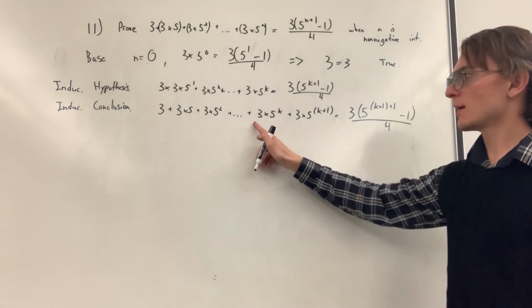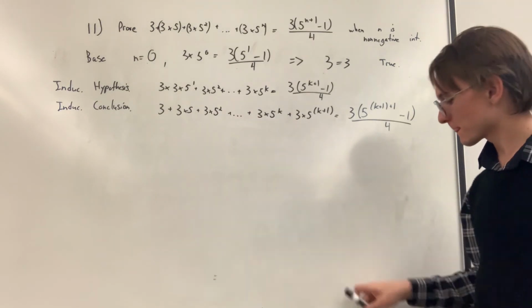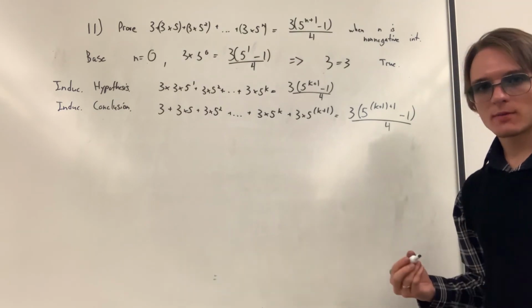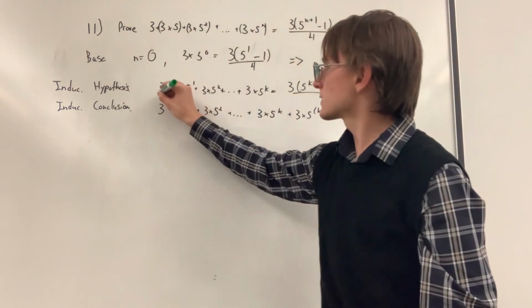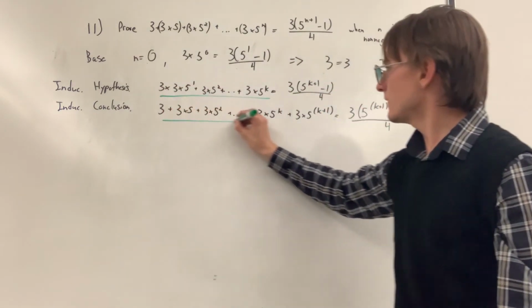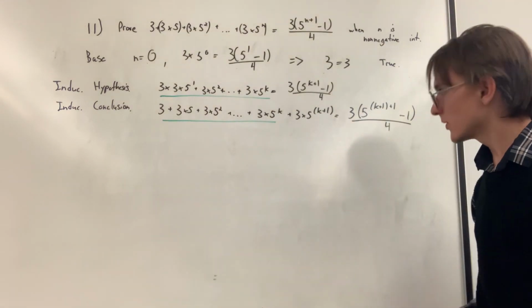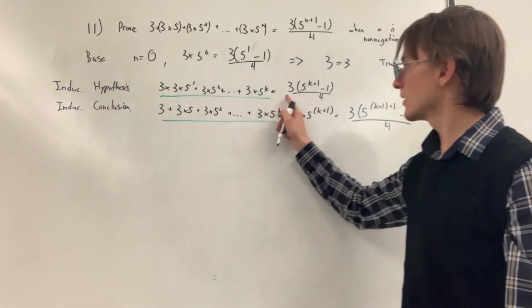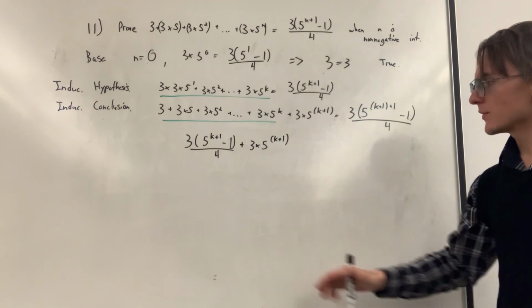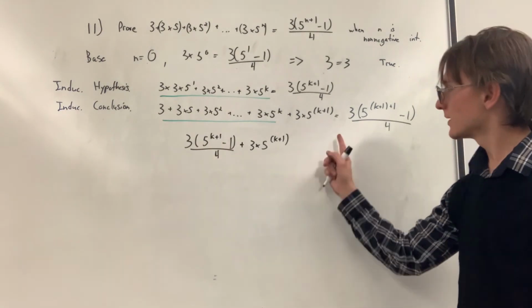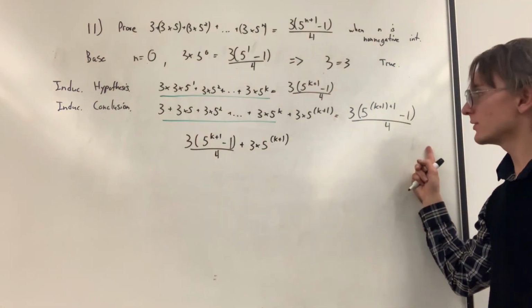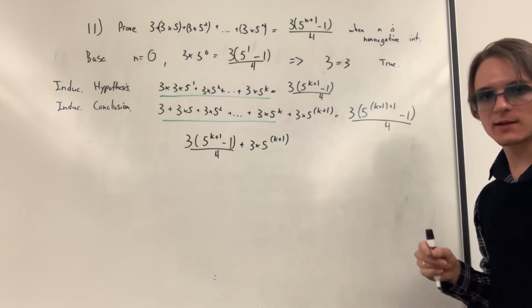Right before it, we have 3 times 5 to the power of k. By our inductive hypothesis, these segments match, so we replace the segment with the following. Now it's more simple. We have to show that this expression equals the right-hand side of this equal sign.